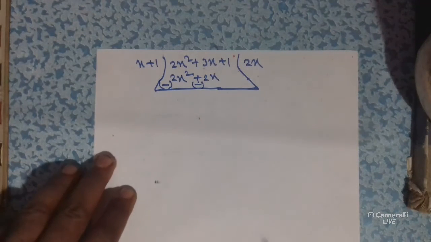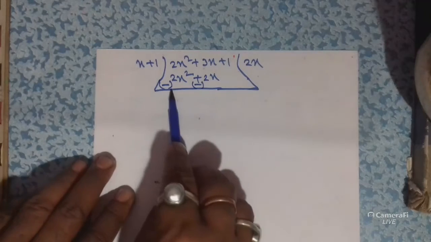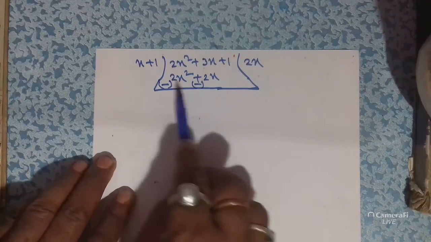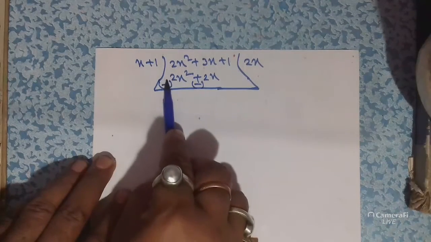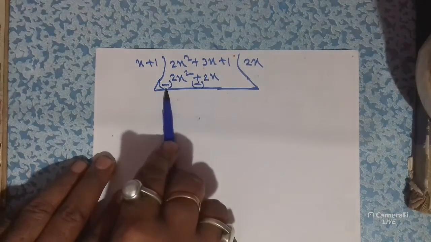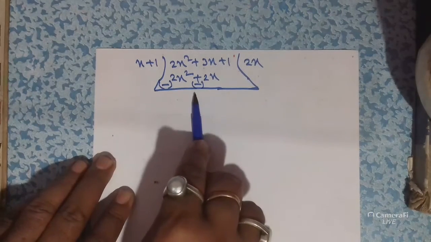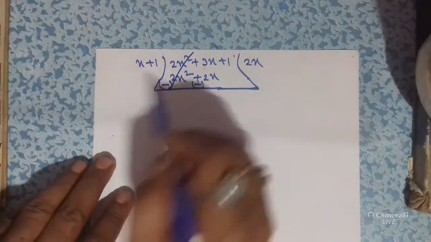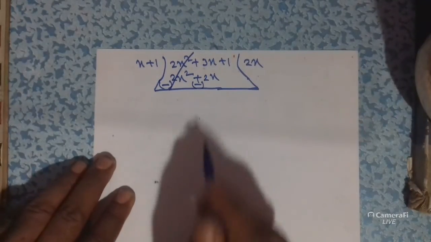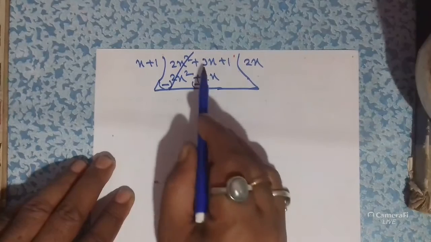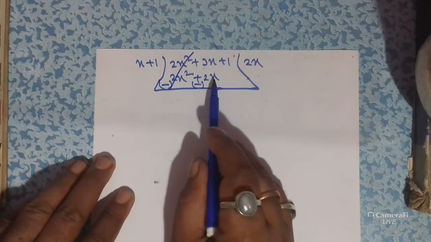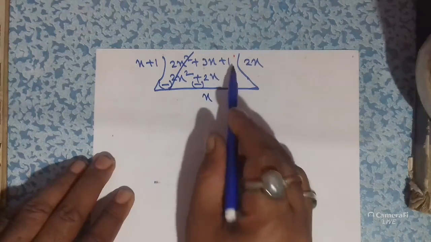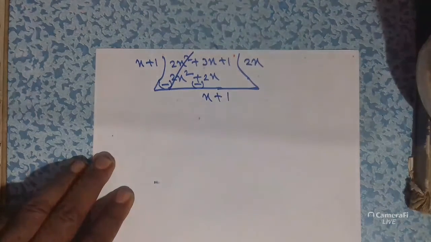Now plus 2x square and minus 2x square will be cut. Then plus 3x and minus 2x is x, and the remaining number is plus 1.